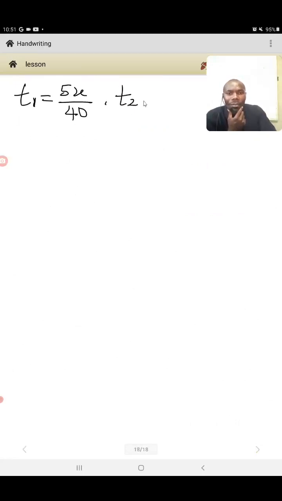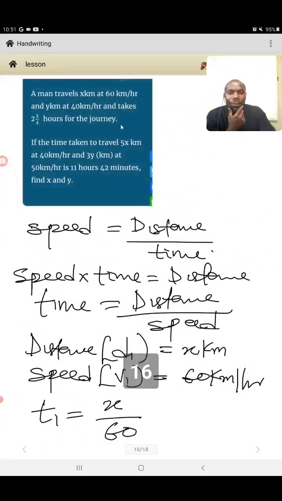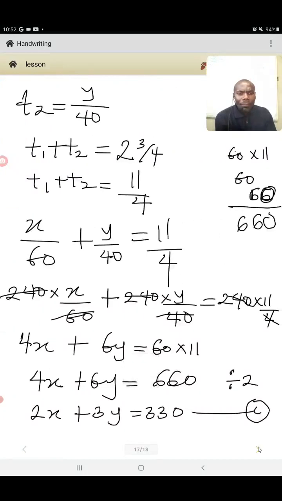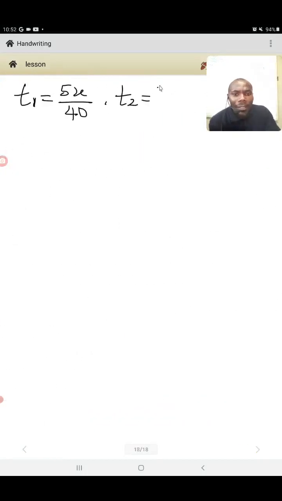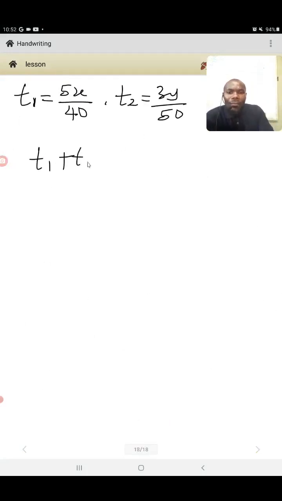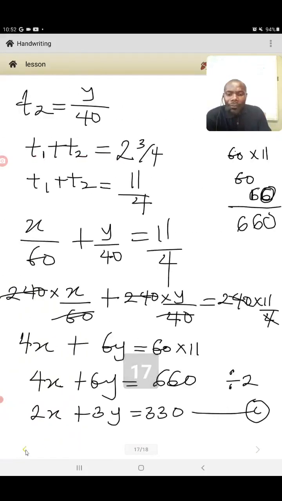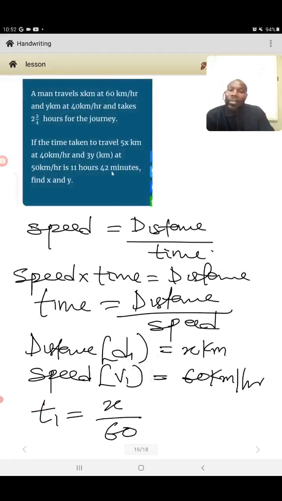So our T2 will be, we have 3y, that is distance over speed. That's the formula for our time. So 3y over 50. So from that statement, we have the total time taken, which is 11 hours 42 minutes.